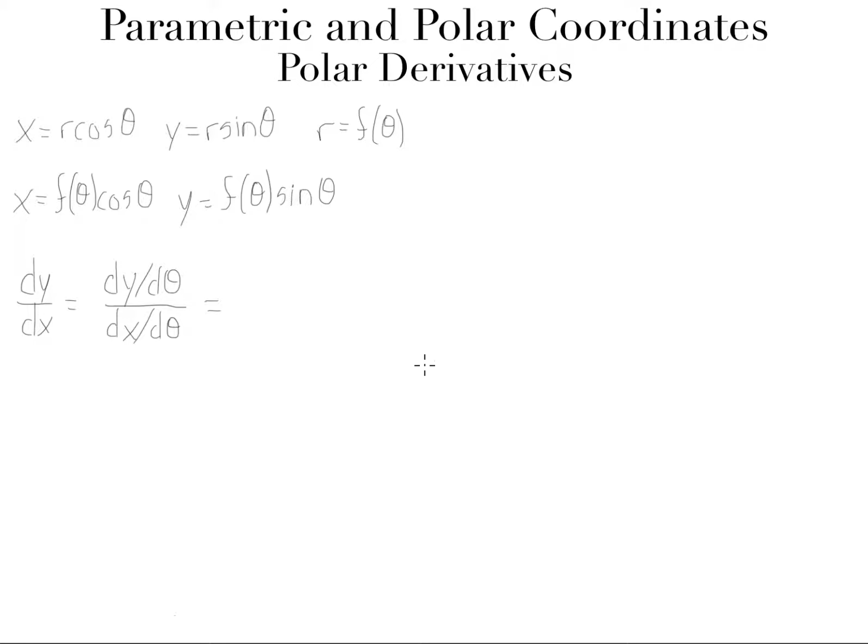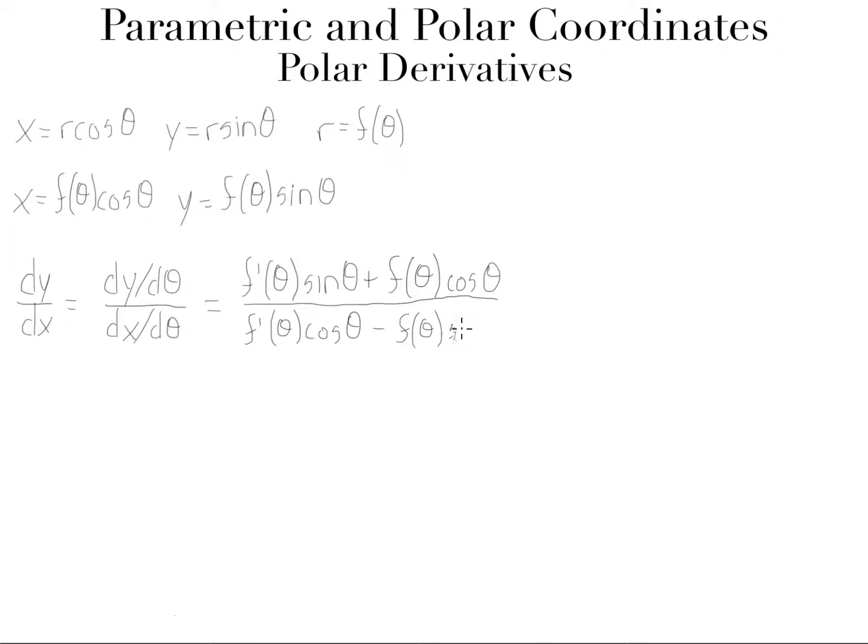So now this is equal to, using the product rule, the numerator becomes the derivative of the first, f prime of theta sine theta plus f of theta times cosine theta. And the denominator becomes f prime of theta times cosine theta minus f of theta times sine theta.